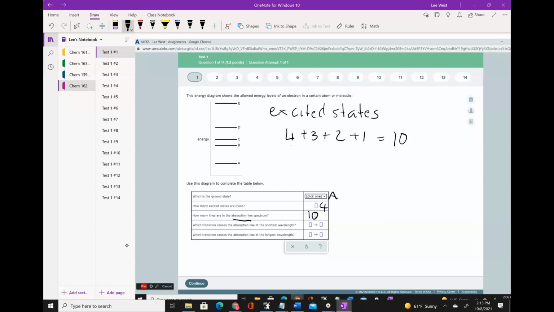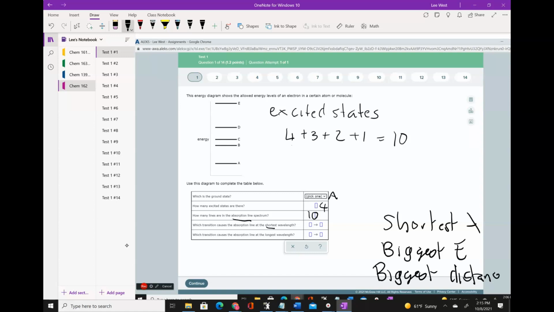And then it says, what transition causes the absorption line at the shortest wavelength? Shortest wavelength is just code for biggest energy, which is just code for the biggest distance.